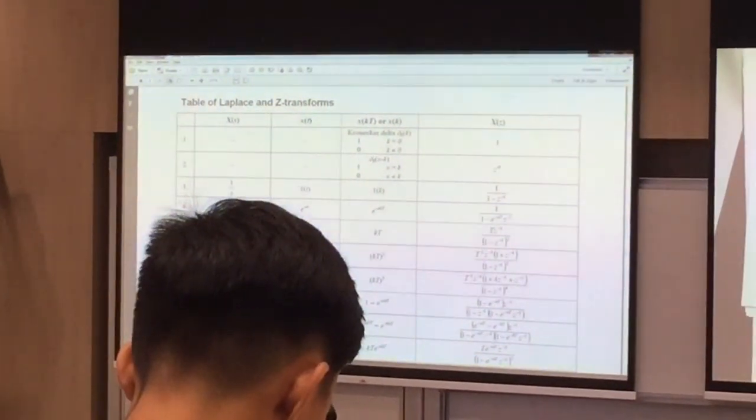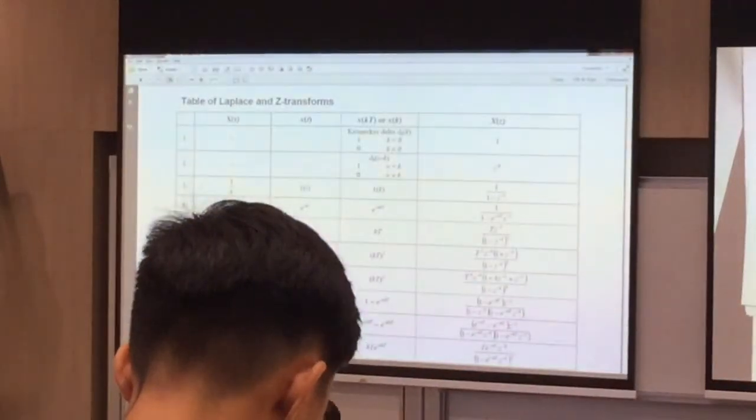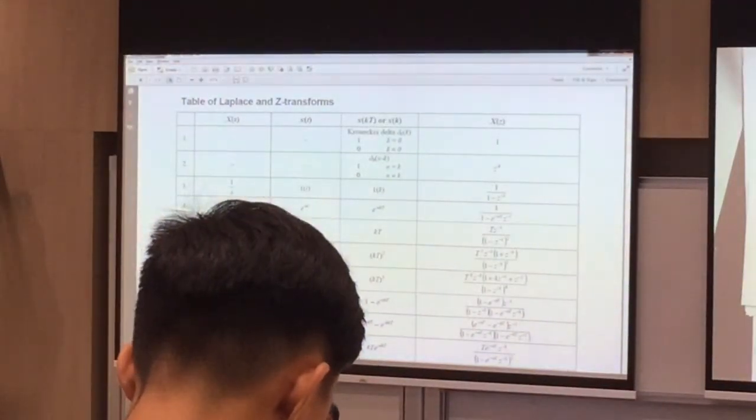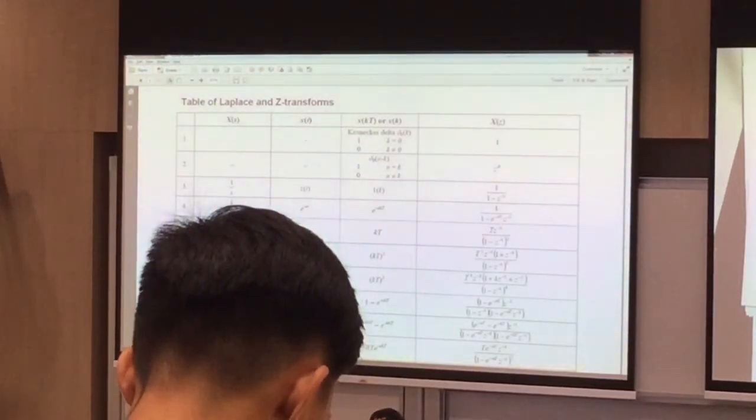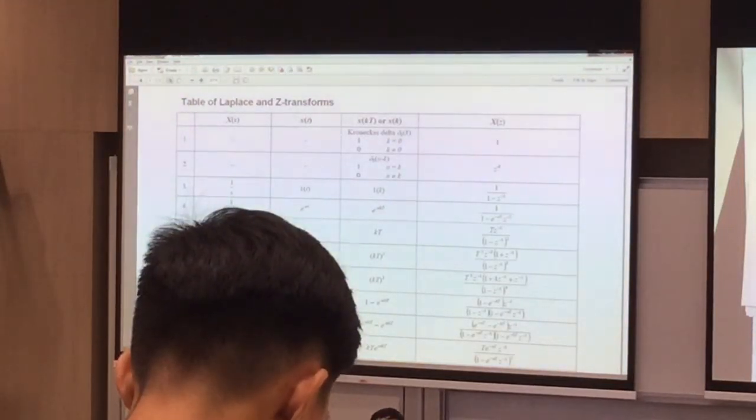So definitely there is no unique map between S and Z. The issue is that you are talking about the S function mapped to the Z function. Even if you're talking about the S function as a transfer function, what do you mean? Then your S operator is a differentiation, and your 1 over S is an integration.